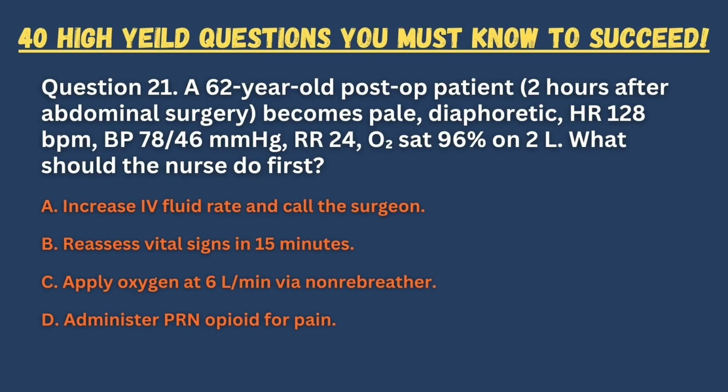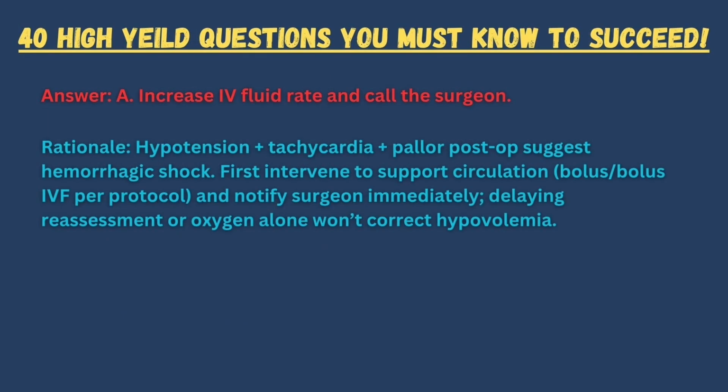C. Apply oxygen at 6 liters per minute via non-rebreather. D. Administer PRN opioid for pain. Answer: A. Increase IV fluid rate and call the surgeon. Rationale: hypotension plus tachycardia plus pallor post-op suggest hemorrhagic shock. First intervene to support circulation, bolus IVF per protocol, and notify surgeon immediately. Delaying reassessment or oxygen alone won't correct hypovolemia.